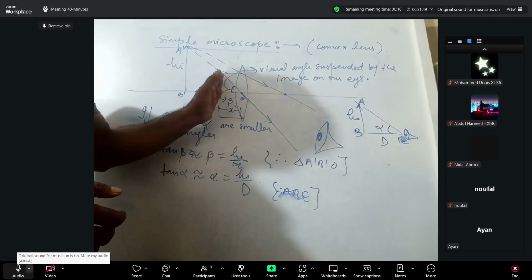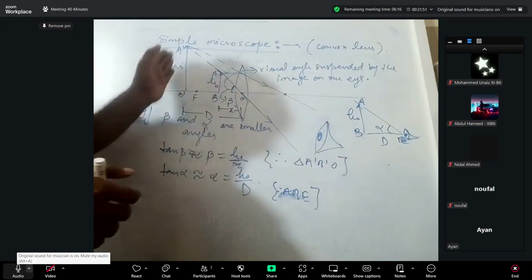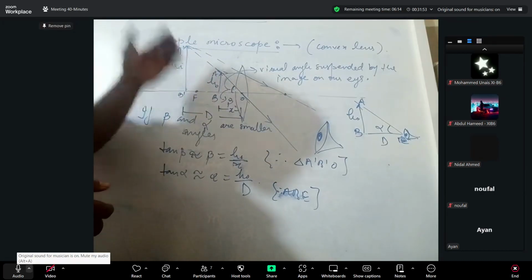So to see the image of this object clearly, we have formed the image at D. Have you got this?